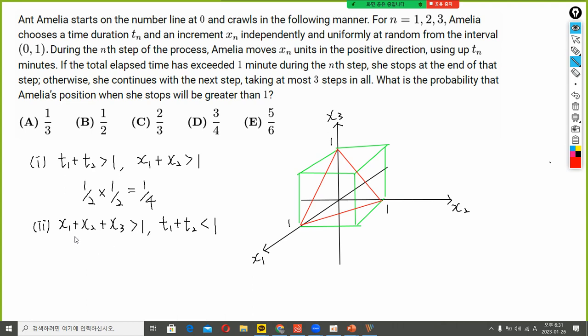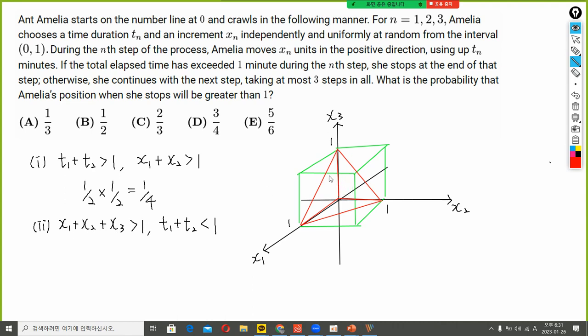And if we connect x1, x2, and x3, we can make this type of, how can I say, a triangular pyramid. And actually, the volume of this pyramid is the probability when the sum of these three is less than 1.